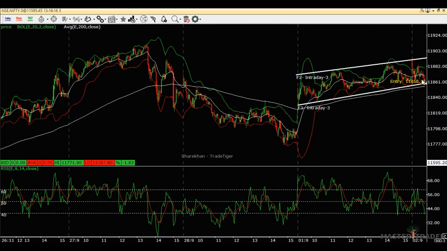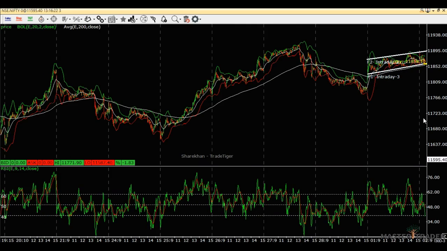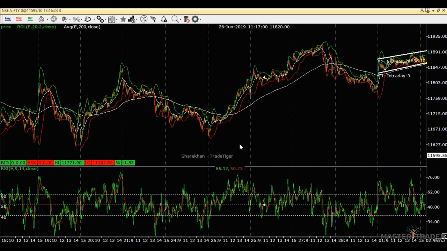Okay, and sometimes, you know, if you really want to see where price can head towards, right? As we learned in section 1, you use your technical knowledge, right? So let's say if I connect this swing low to this swing low here.